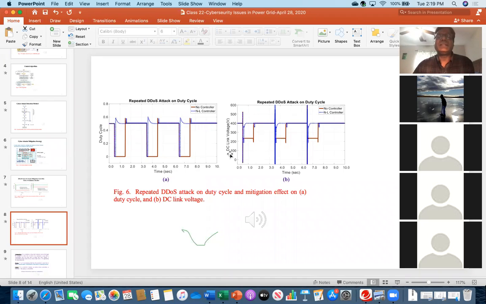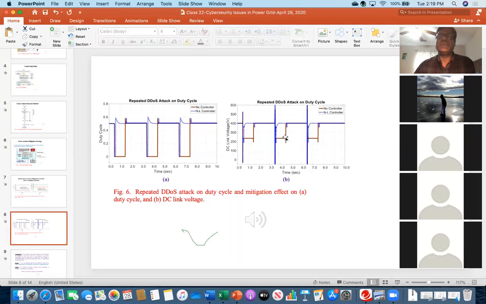So here you can see on the DC link voltage profile, initially the voltage is 400, but because of the change of duty cycle, there is a corresponding change in voltage. So the voltage changes, but the controller returns it back. Again, there is another attack here, but the controller worked.